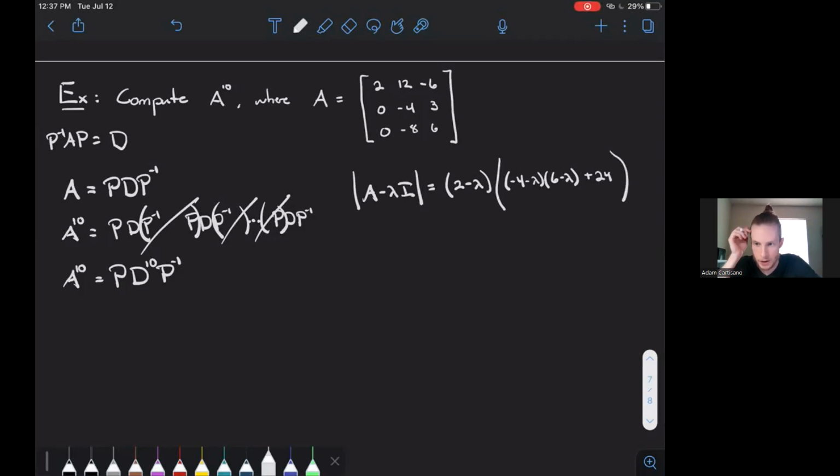Okay, I'll tell you what just went on. Cofactor expansion along the first column of A minus lambda I. So first thing I did was put a minus lambda everywhere. Then I did cofactor expansion along the first column. That's where I got this 2 minus lambda times (-1) squared, which is 1.